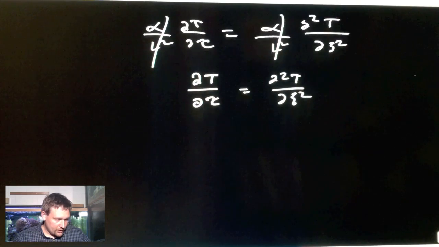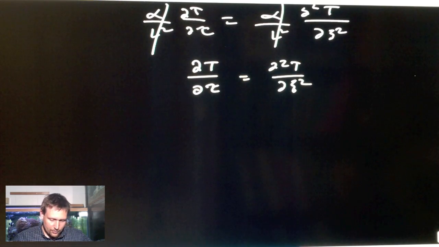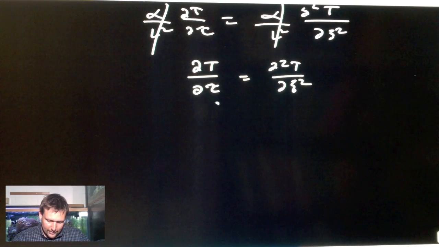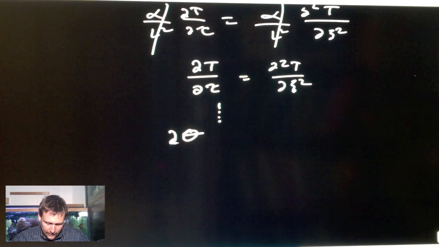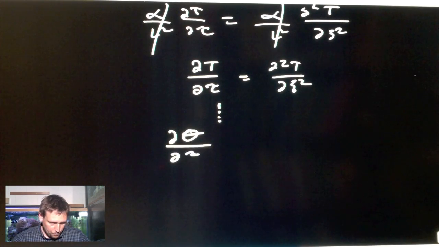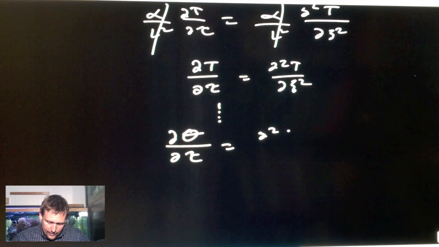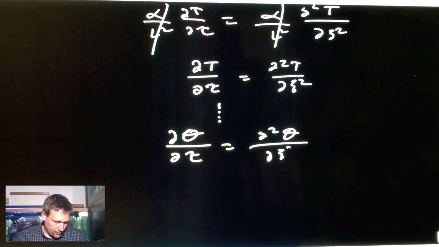And then the boundary conditions that go along with this are similarly convenient. I'm going to put dot dot dot here to show what happens after you substitute in your theta. Del theta del tau equals del squared theta del psi squared.